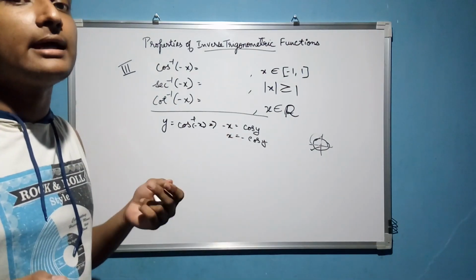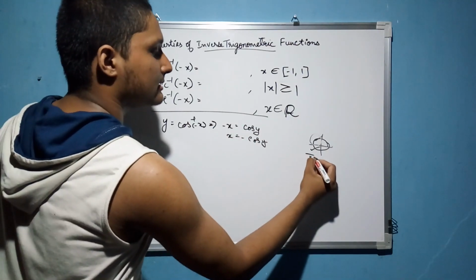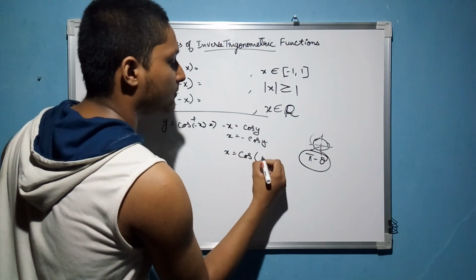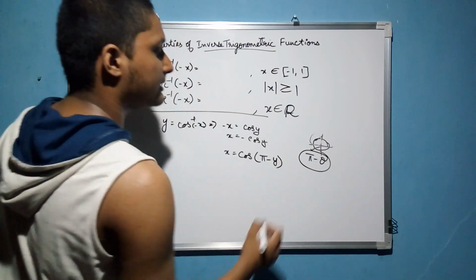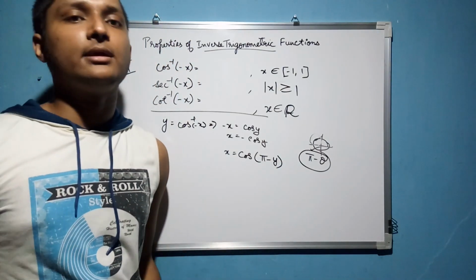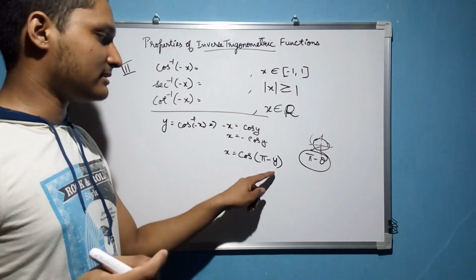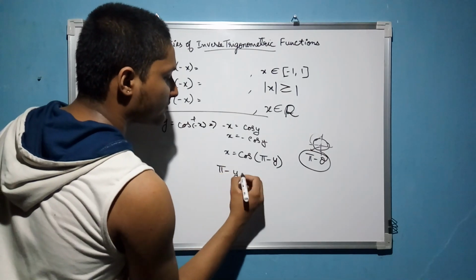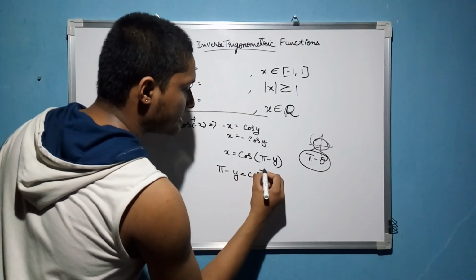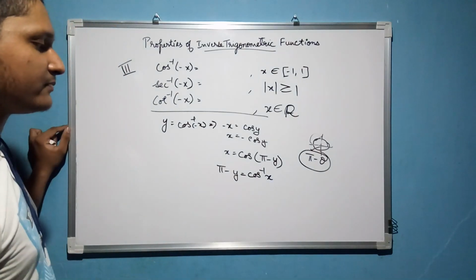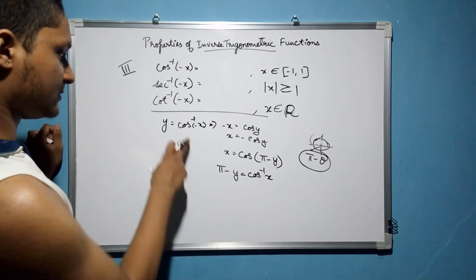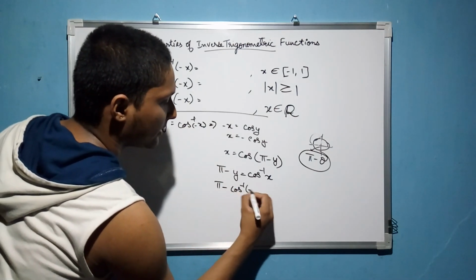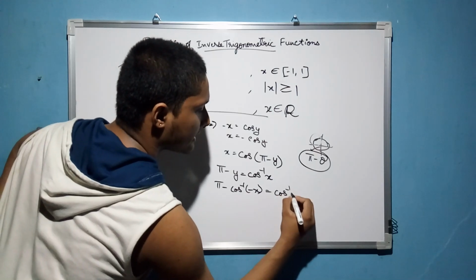For considering the second quadrant, I need to take it to be pi minus that value, pi minus theta, or x is equal to cos of pi minus y, that is 180 degree minus theta. It is going to come to be minus of cos theta. Theta is y here. So taking cos inverse on both sides, pi minus y is equal to cos inverse x. Now we need to substitute this here. This comes to be pi minus cos inverse minus x is equal to cos inverse x.